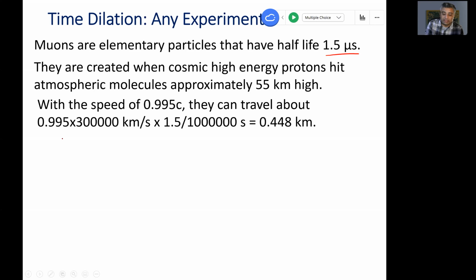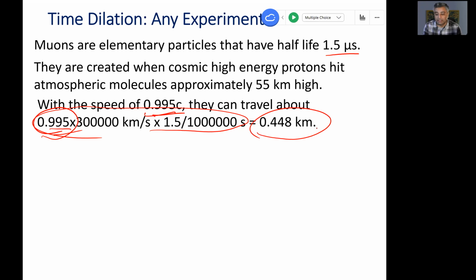Based on that, if we assume they were moving very close to the speed of light, and they are particles, so they cannot move at the speed of light, they have some mass, even so, they should decay into different particles by the time they move through just half a kilometer.